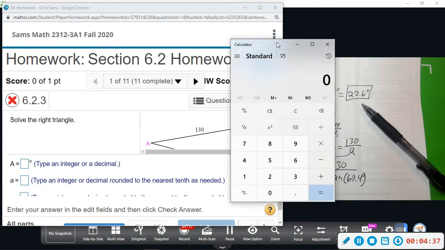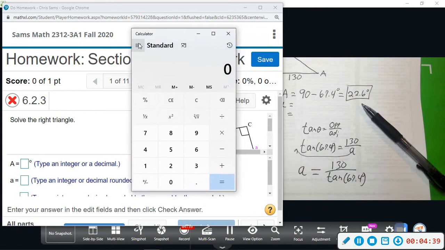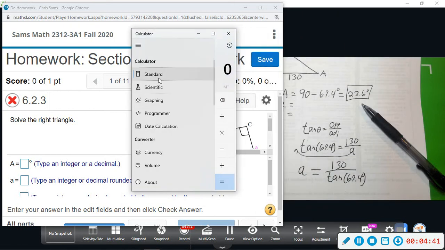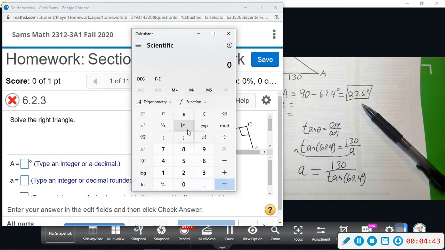We have the basic form, and then you have the option where you can go to scientific. We're going to do 130 divided by, and you have to do the angle first and then the trig function. So I do 67.4, then go to trigonometry and select tangent.